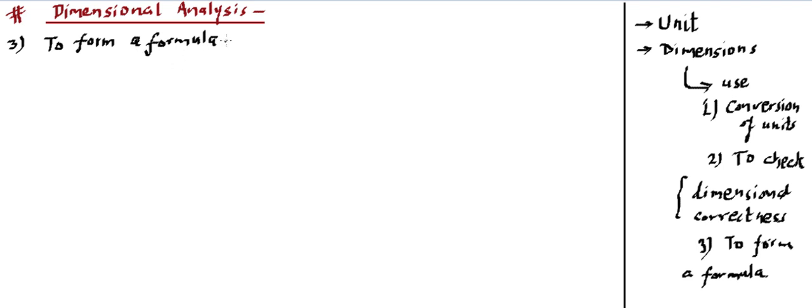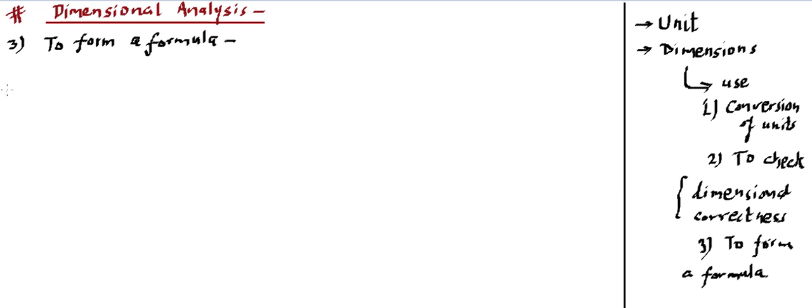So that's the next application and important one. What this says, this simply says that if we know that a particular physical quantity depends on other physical quantities, and we know by what factor that depends, then we can form a formula. Right? And the better would be to see some examples how that formula can be formed.